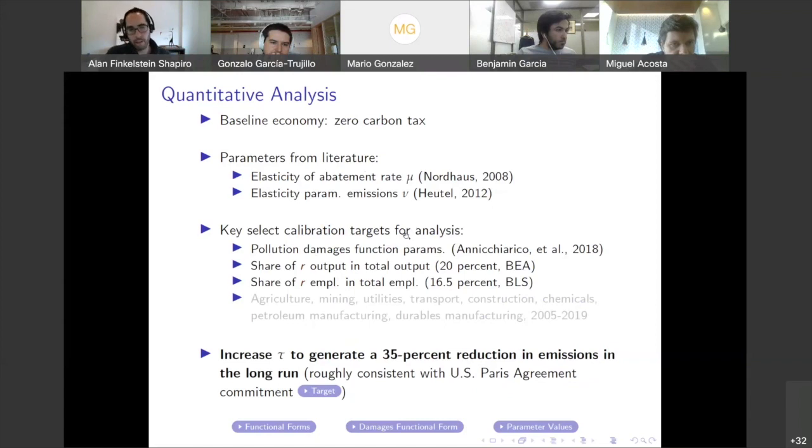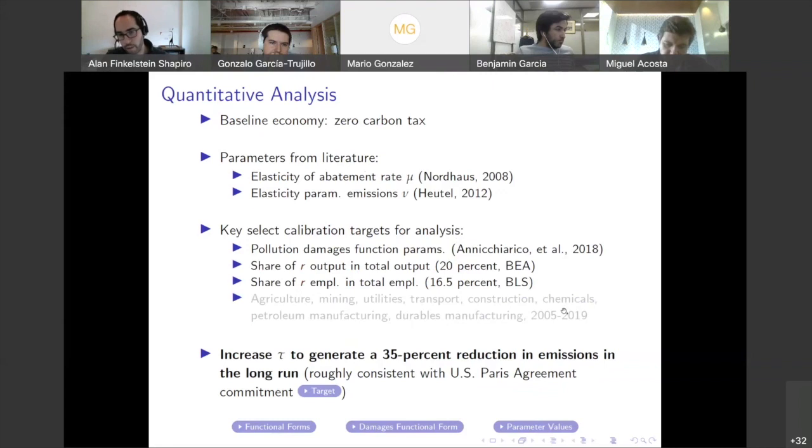Then this is where you have to take a stand on what are green firms and what are regular firms. Here we follow work by Hafstad and Williams, who assume that the regular sector is effectively the sectors that contribute the most to carbon emissions. This would be agriculture, mining, utilities, transport, construction, chemicals, and manufacturing in different forms. And we take an average for the US.